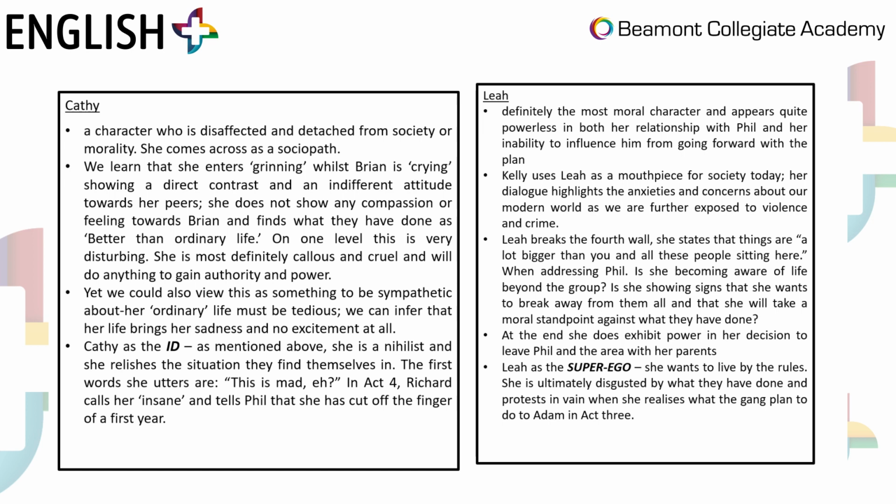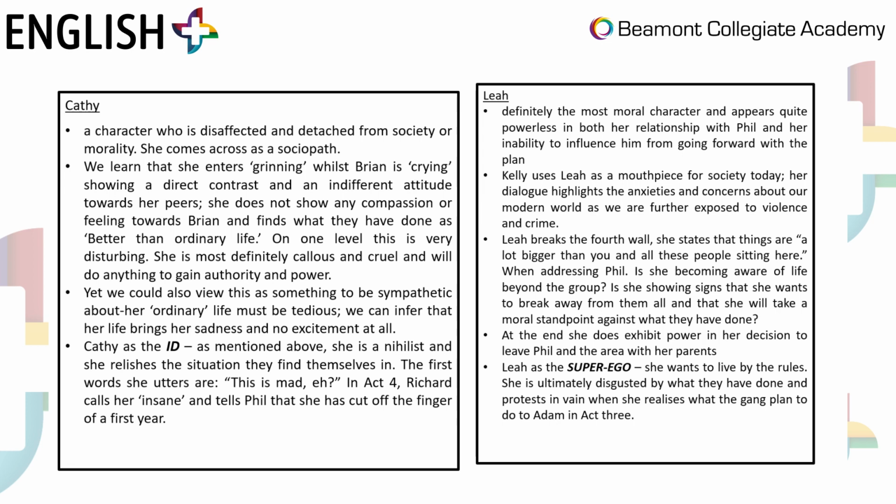She actually says that Adam's death and the plan is better than ordinary life. So disturbing. She'll do anything to gain authority and power. She's chomping at the bit to help Phil out. She's so happy to be able to manipulate Brian. She craves that. And then you've got to ask yourself the question, is there anything redeemable about her? Possibly.